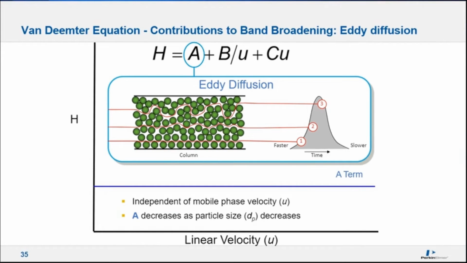So our H, our height equivalent to a theoretical plate, is again based on three parameters related to mobile phase velocity. The A term is the eddy diffusion term, or the multipath effect. The A term decreases with particle size. As particle size decreases, the A term decreases, so it contributes less to the height equivalent to a theoretical plate.